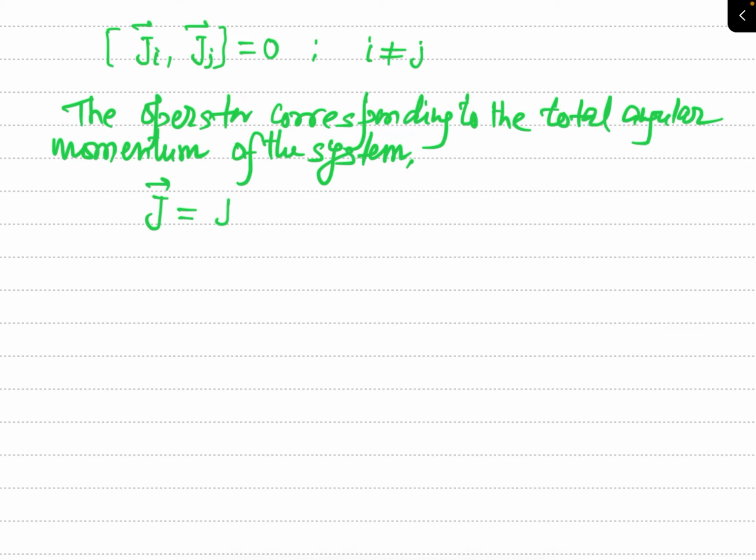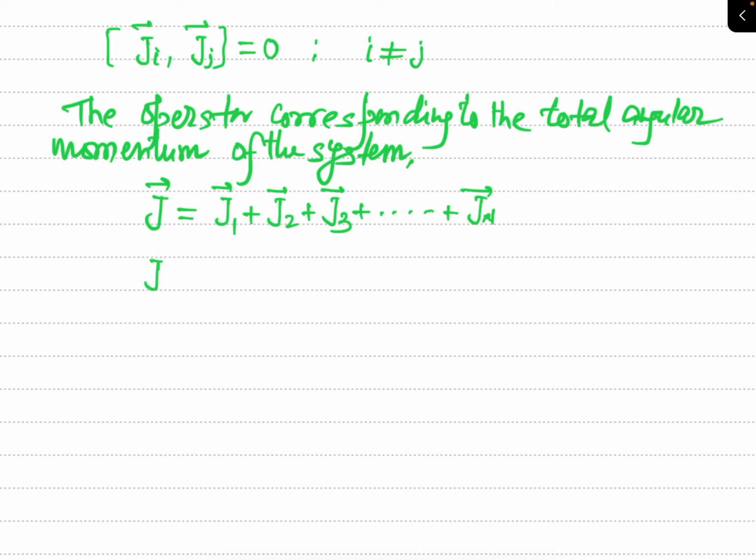So if you consider that the angular momentum operator corresponding to the first particle is J1, corresponding to the second particle is J2, corresponding to the third particle is J3, and corresponding to the nth particle is Jn, then when you take the vector sum of these operators, that will be the operator corresponding to the total angular momentum of the system.